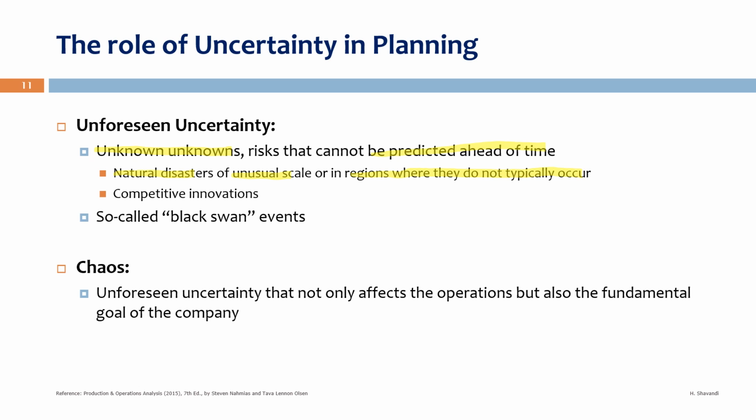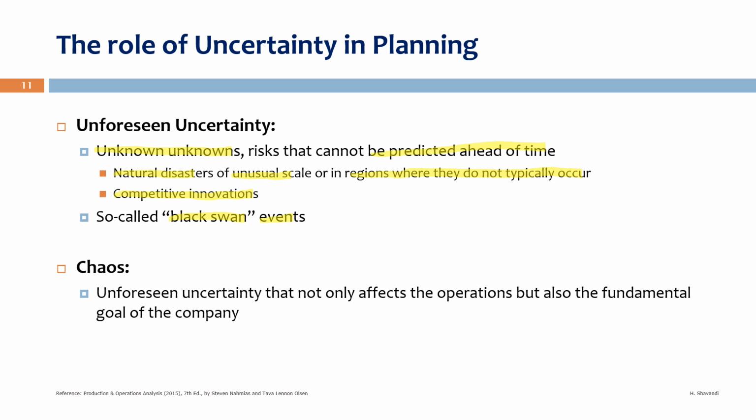It's a disaster, right? And competitive innovations, for example. These are called black swan events. They are rare, but if they happen, we are not ready for that, right? So it will be a difficult situation actually.